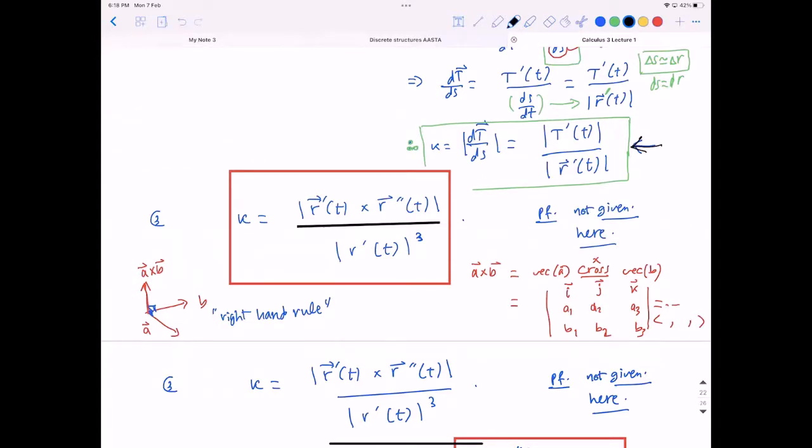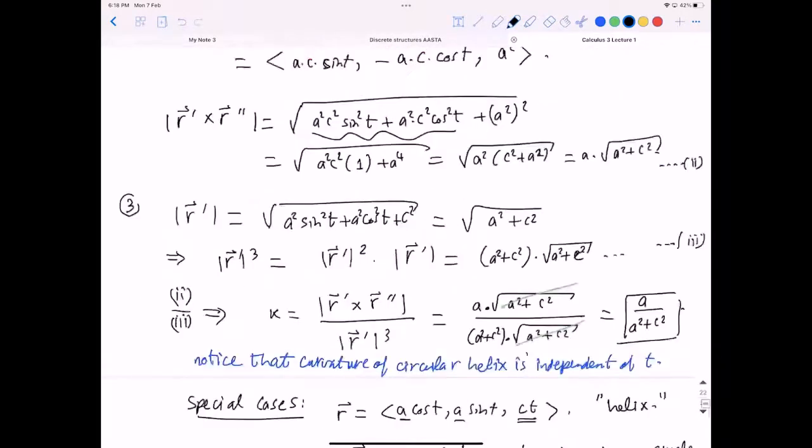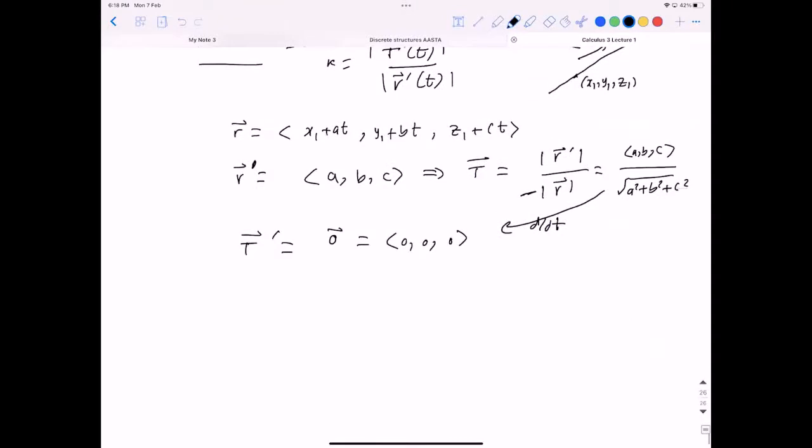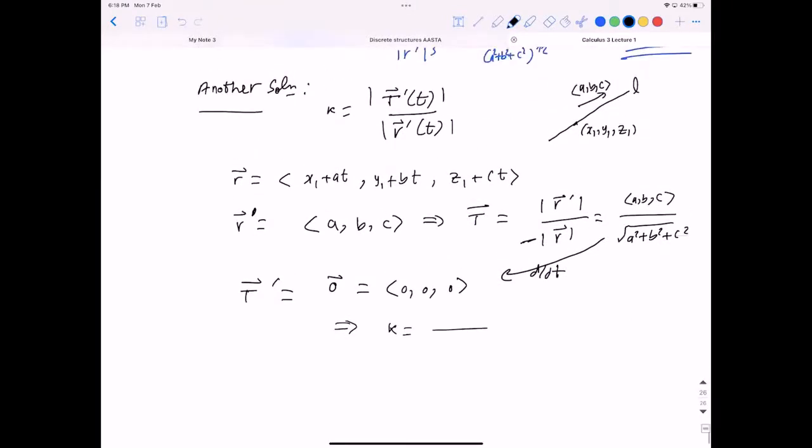Okay. So again, K is the T prime, which is the 0 vector, over what R prime of T? The magnitude of R prime of T is root a squared plus b squared plus c squared. There is a magnitude here. Again, 0.